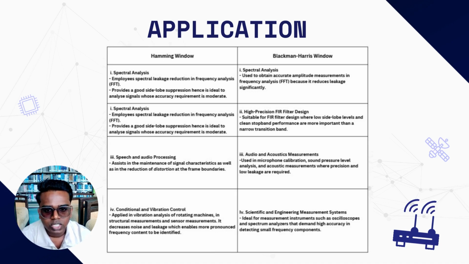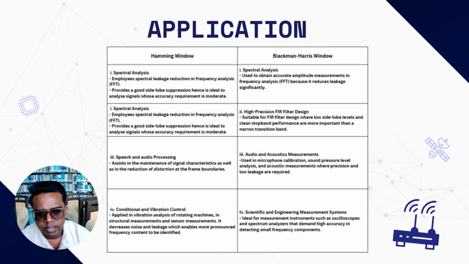For speech and audio processing, the Hamming window assists in the maintenance of signal characteristics as well as the reduction of distortion at the frame boundaries. And for the Blackman-Harris window, audio measurements are used in microphone calibration, sound pressure level analysis, and acoustic measurements where precision and low leakage are required.